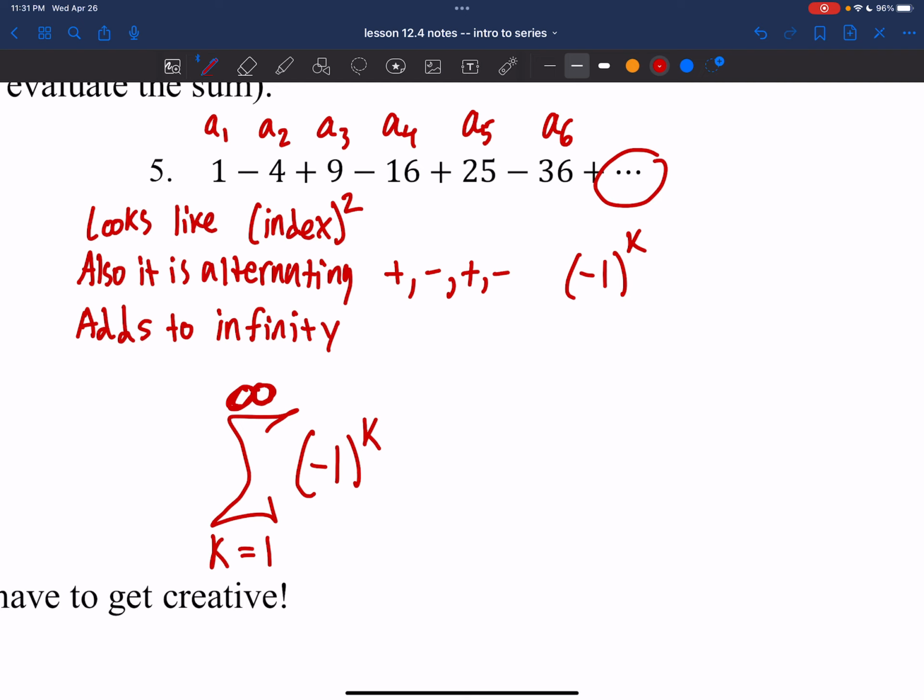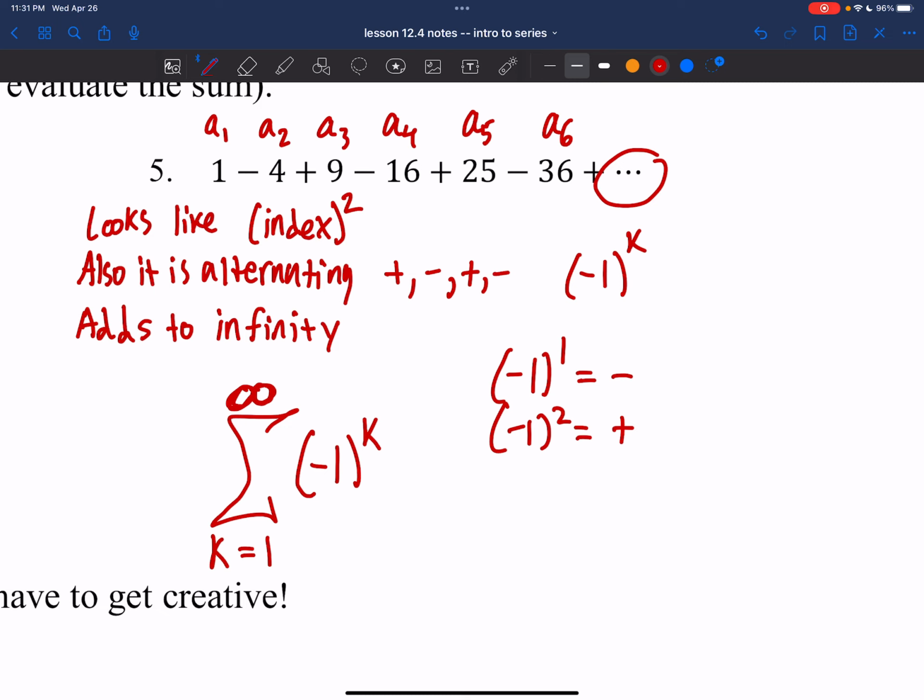However, if you start it here, what's negative 1 to the 1? It's negative. So you need to handle this somehow, right? Because see, negative 1 to the 2 is positive. And that doesn't match these signs because the first term needs to be positive and the second term needs to be negative. So how do we deal with that? Well, any way you like.